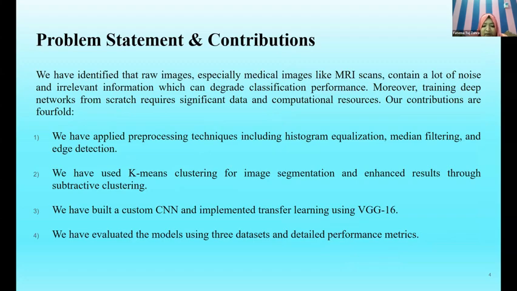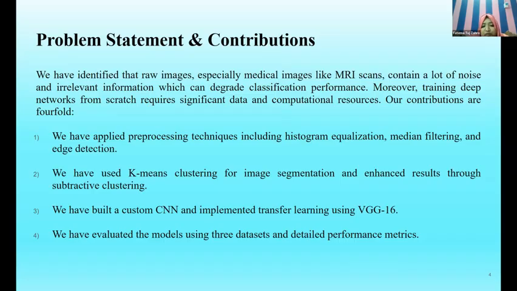The problem statement. The challenge we identified while researching this topic was that raw images, especially medical ones, often contain noise and irrelevant information. Training deep neural networks from scratch is computationally expensive and data hungry.